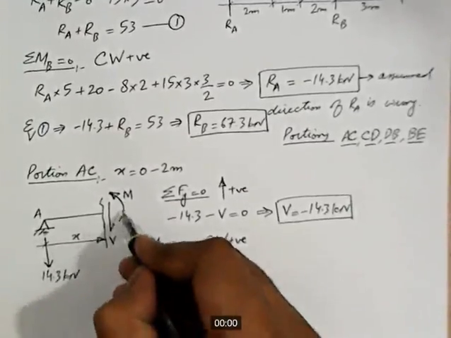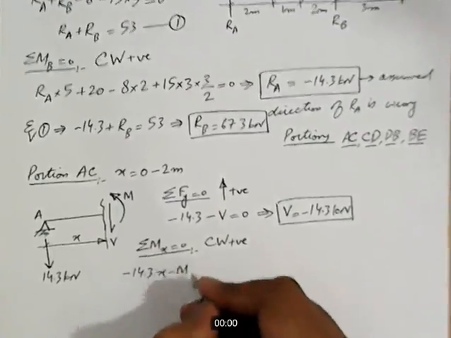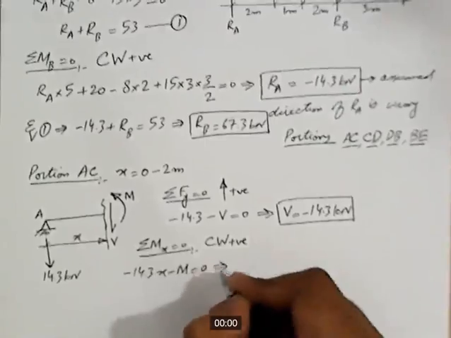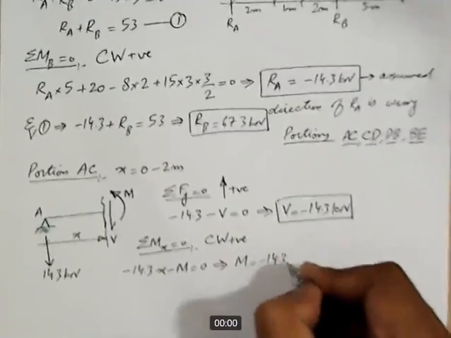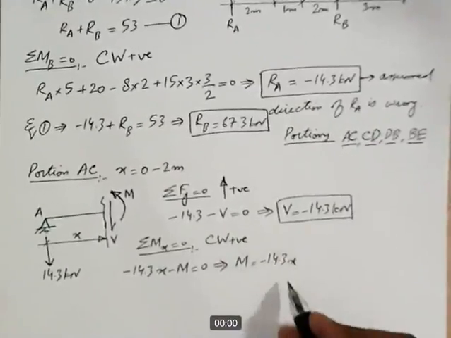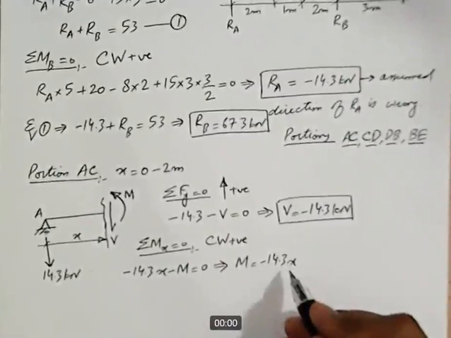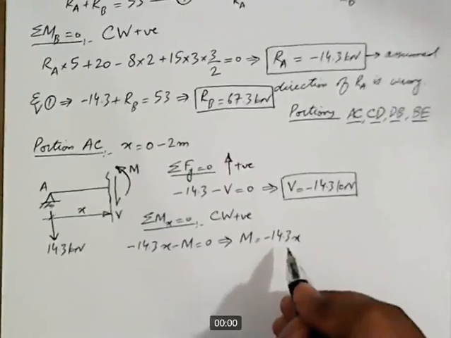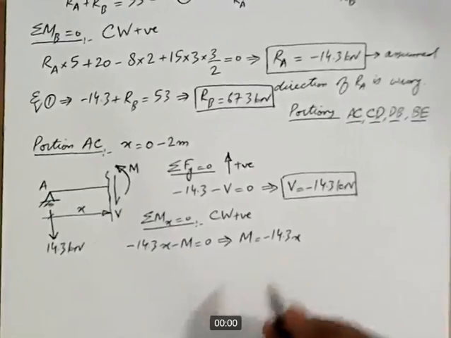Then we have this moment M in counterclockwise direction, so minus M, and that should be equal to 0. If I rearrange this, I get M is equal to minus 14.3 X. Now in this equation we have variable X. It means that the value of bending moment is not constant throughout the length of this portion, so we need to calculate the value for point A as well as for point C.